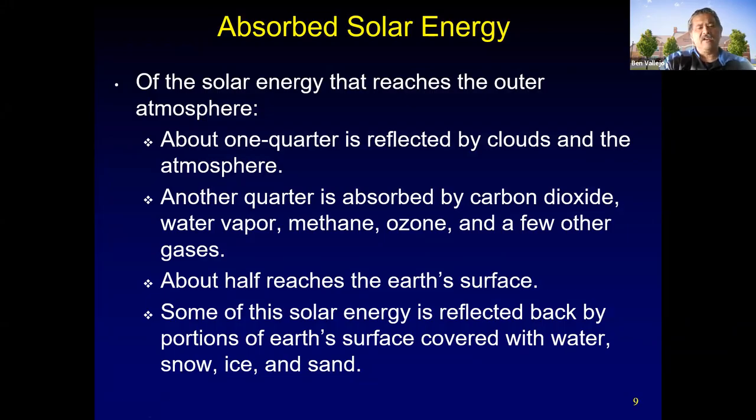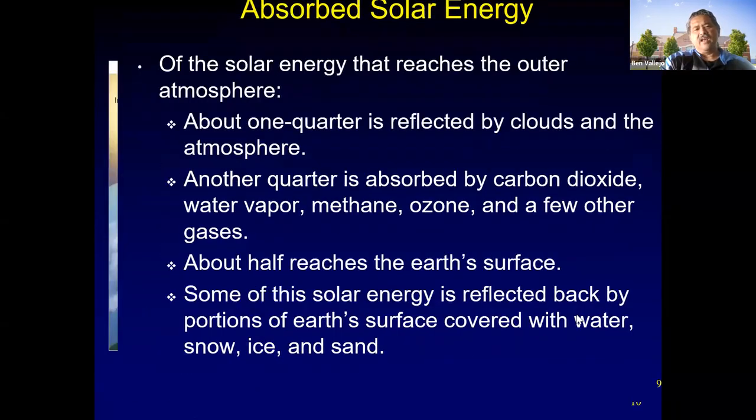Something that's really dark might absorb the heat, just like you going outside on a sunny day with a black shirt on versus a white shirt on. You might feel a little bit cooler with that white shirt on because it's reflecting the solar energy. But if you've got a black shirt on, then you might feel a little warmer because it's absorbing that energy. And it's the same idea with the Earth's surface, whether it's covered with water, the ice and snow is going to reflect that.